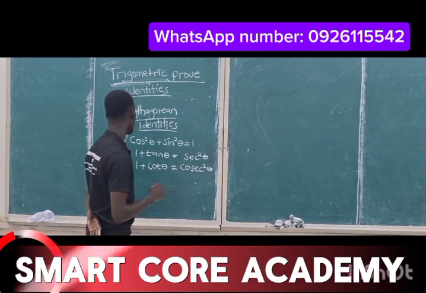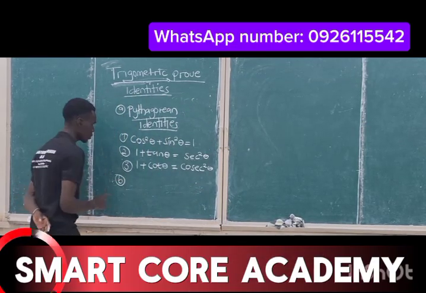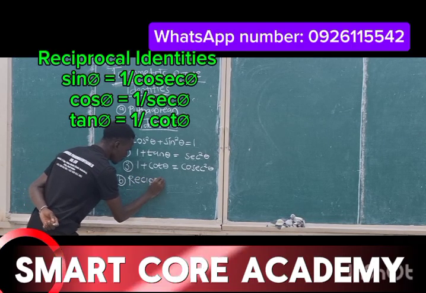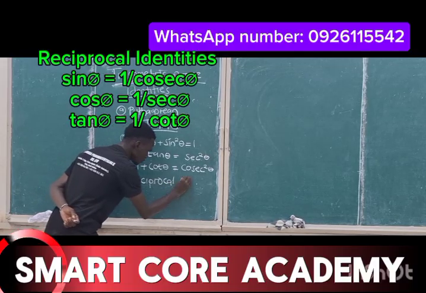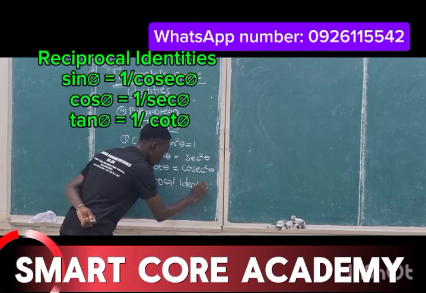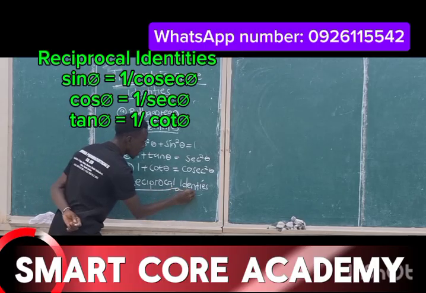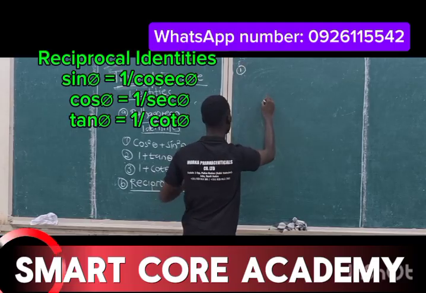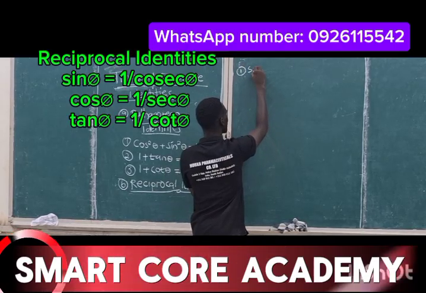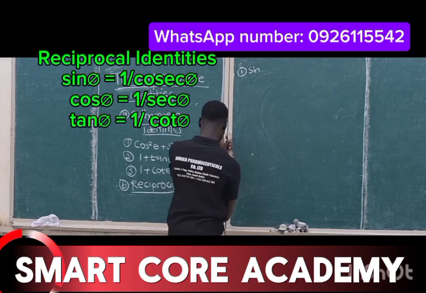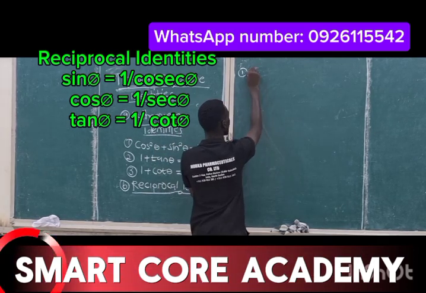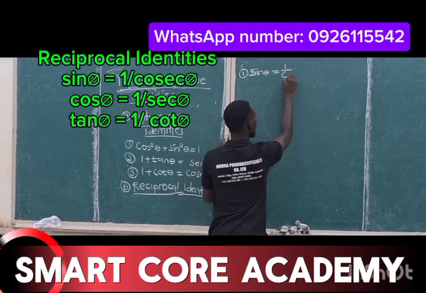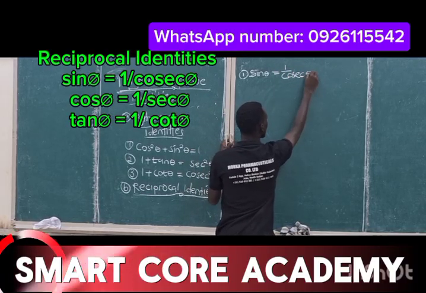And we have the second one, B part of it, that is also called reciprocal identities. Under reciprocal identities, we have 3 of them. First, say that sine theta is equals to 1 all over cosec theta.